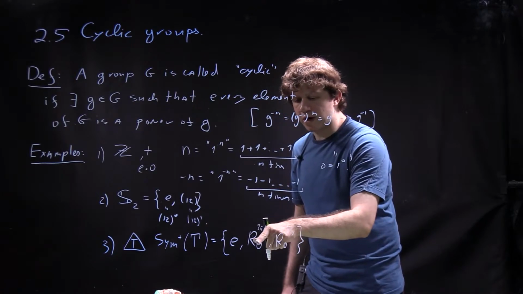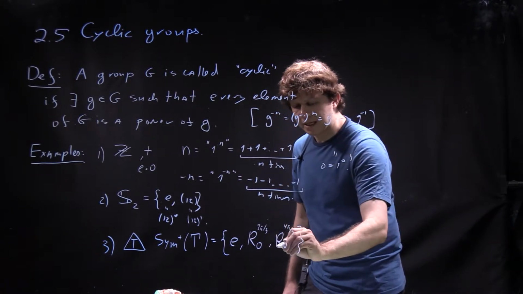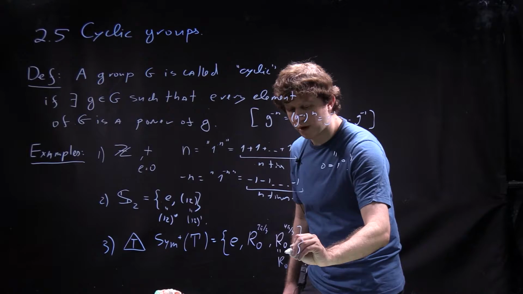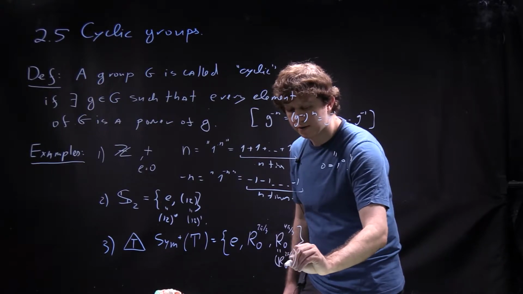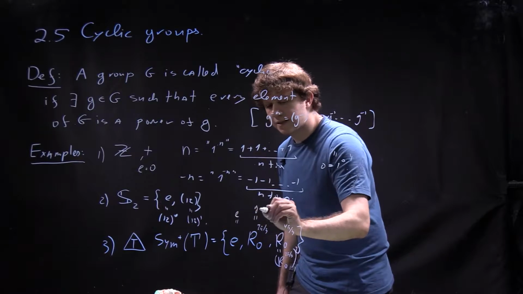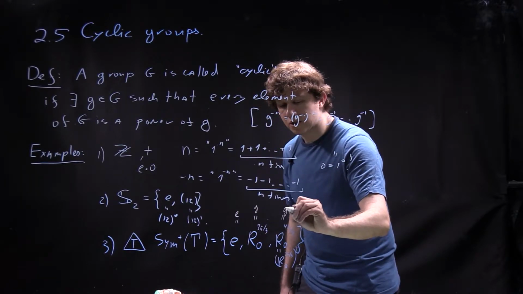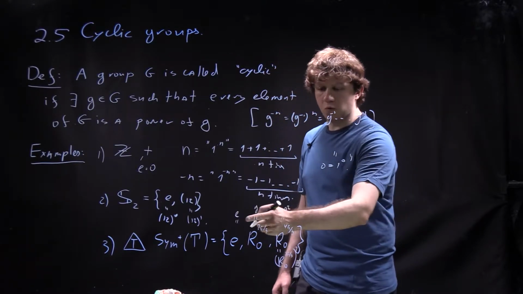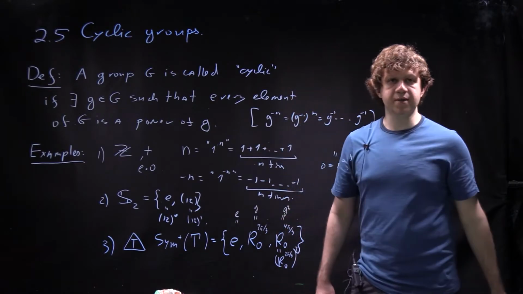And this is a square of this one. So that's rotation O 2 pi over 3 squared. And so if I denote it by g, that's identity, this is g squared. And so all elements are powers of the same element g.